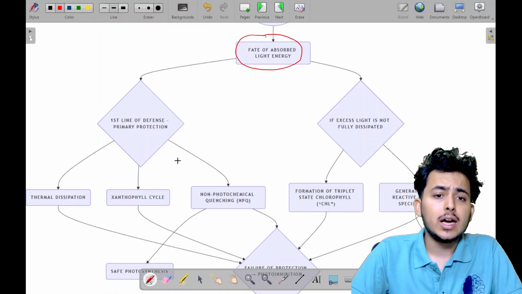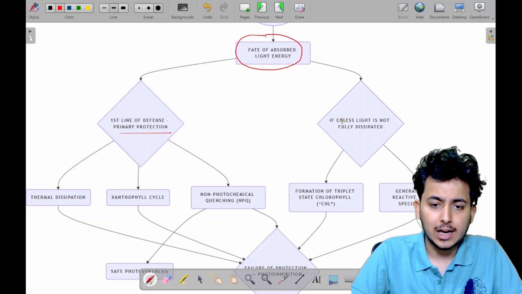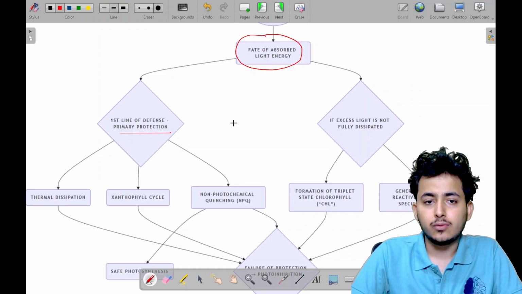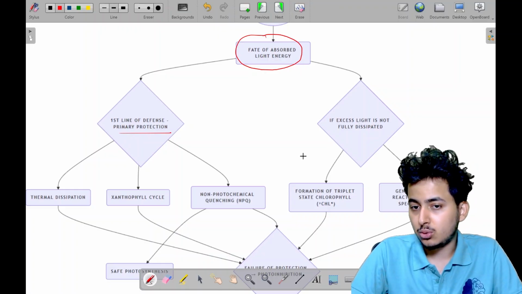You have the first line of defense, the primary protection, and you have secondary protection as well. If the primary protection is not sufficient, then the second line of defense plays a crucial role.